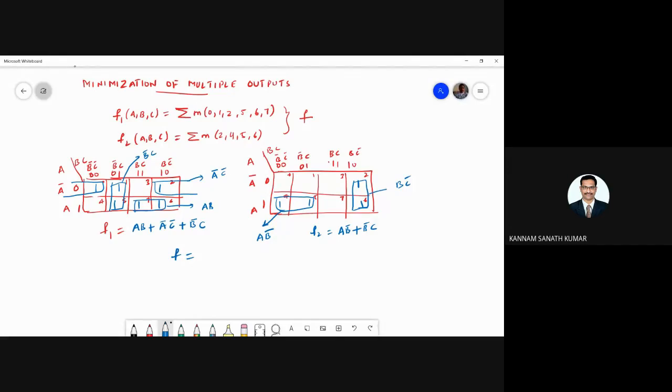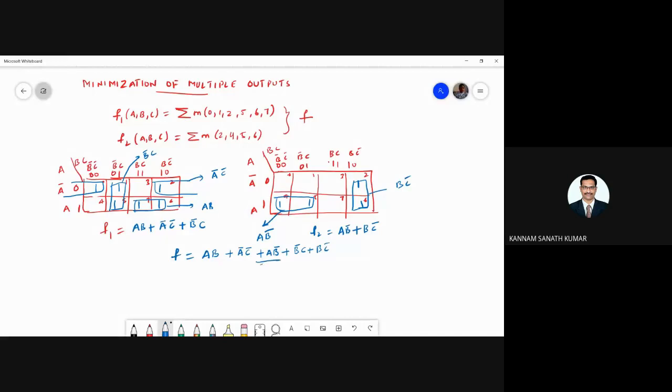So you can write F equal to AB plus A bar C bar plus AB bar, and combining these two, you got B bar C plus BC bar.